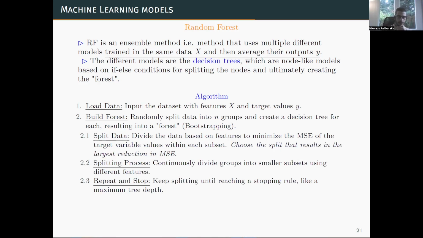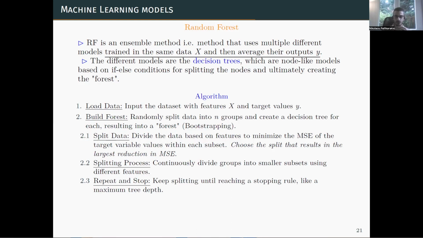The main idea, which is the core of this algorithm, is the decision tree, which works as follows. The first thing to do when making a decision tree is to divide the starting data into two smaller data sets.